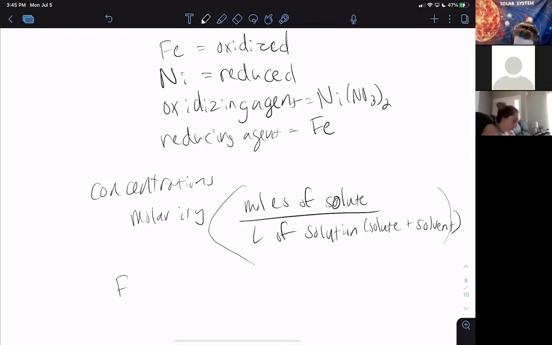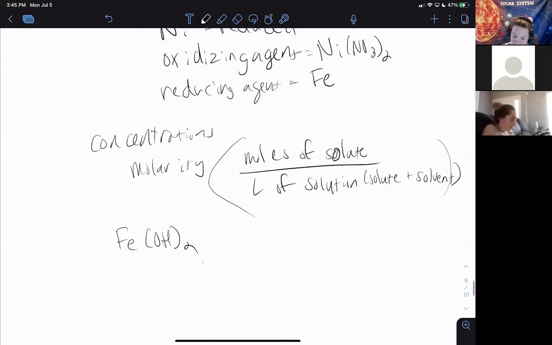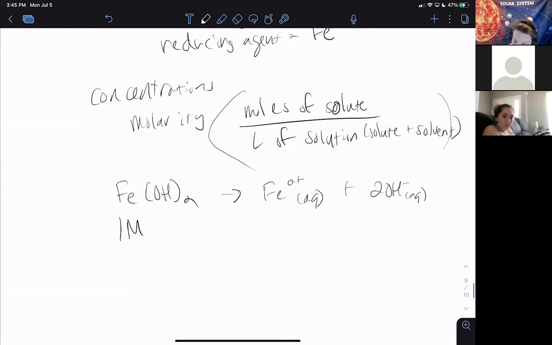So if we have something like iron hydroxide, iron(II) hydroxide, we throw that in water, we produce iron ions and 2 hydroxide ions. Let's say we start with 1 molar iron(II) hydroxide.